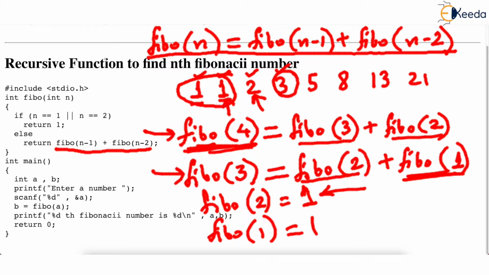But then you just observe, is this recursive formula applicable in all cases? No. In which cases is this not applicable? When n is 1, that means you are asking for the first Fibonacci. Then it is rubbish.